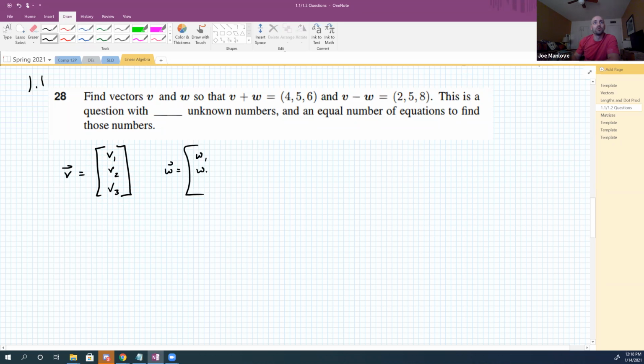So w1, w2, w3. And then I think, okay, if I add v and w together, I'm going to get v1 plus w1, that's supposed to be 4, and v2 plus w2, that's supposed to be 5, and v3 plus w3 is supposed to be 6.